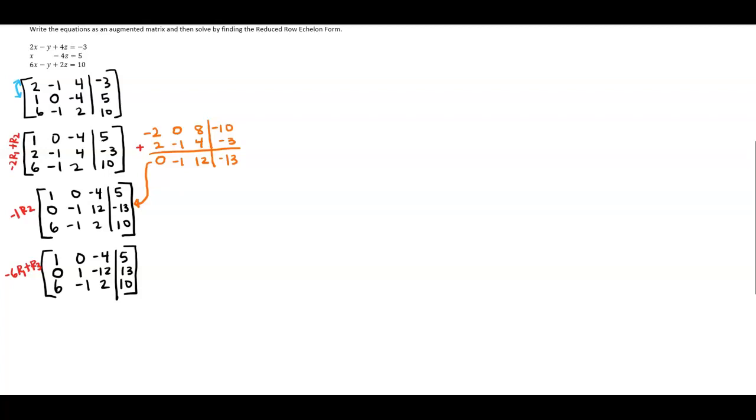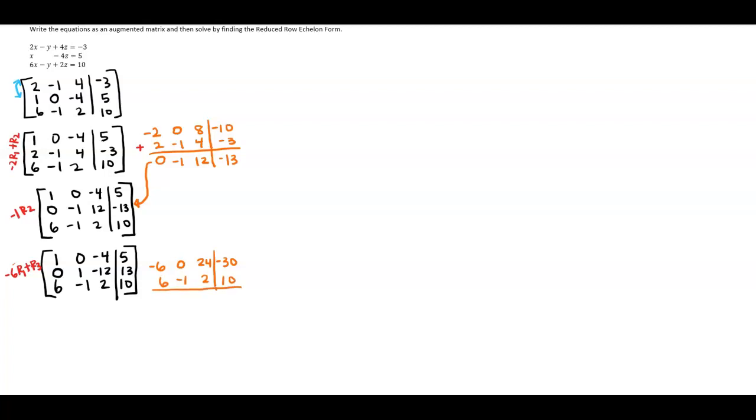Let's do a little side work out here again. If I do negative 6 times my row 1, I get negative 6, 0, and then positive 24, and then negative 30, just distributing that negative 6 through to everybody. And then I'm going to add it to row 3, so that's 6, negative 1, 2, and 10.